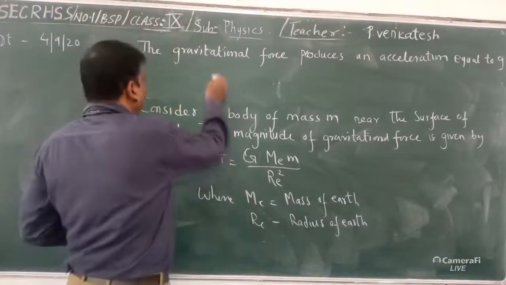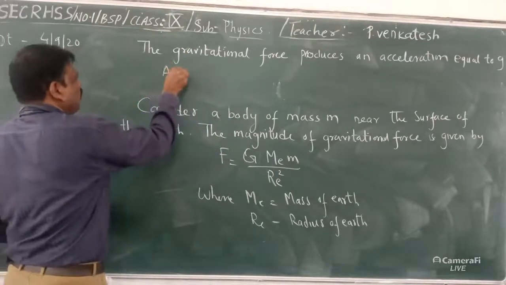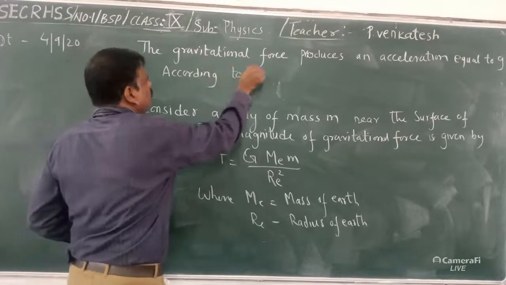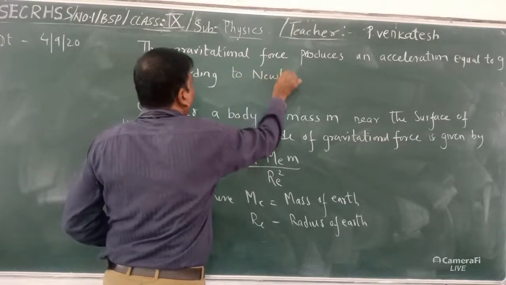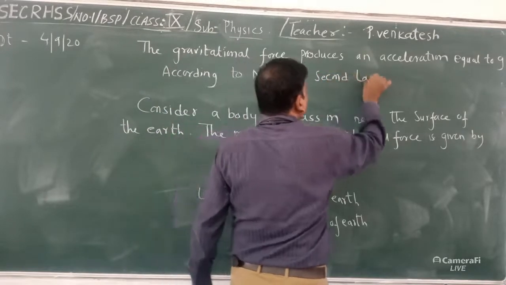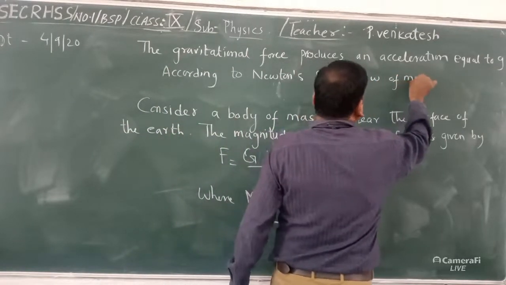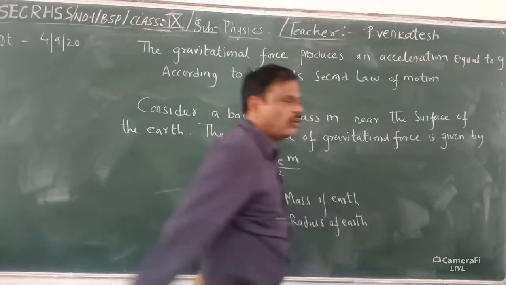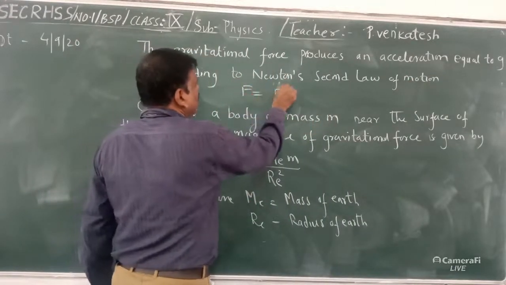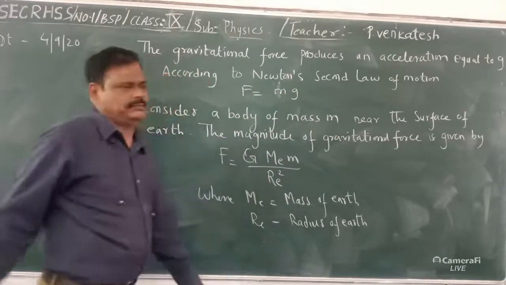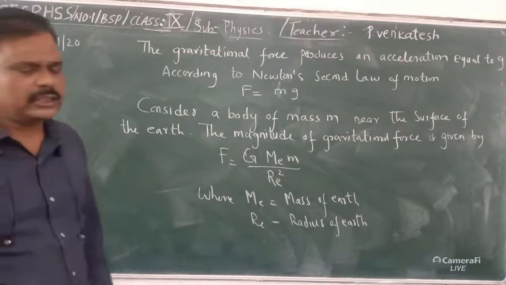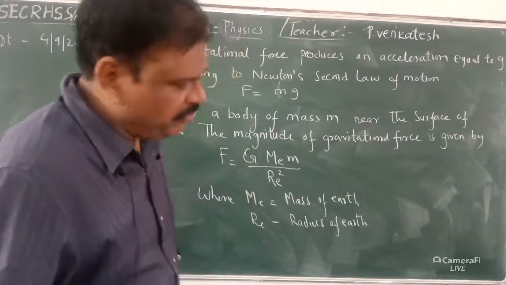Now, according to Newton's second law of motion, how much force will it produce? Force equal to mass into acceleration, F equal to m into g. Force equal to m into g, mass into gravity.